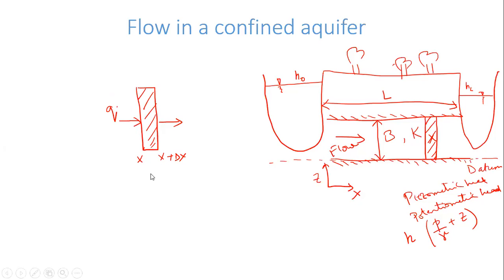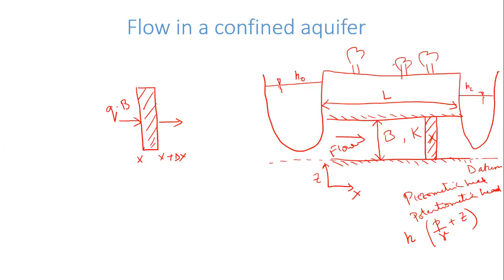It will be perpendicular to the screen, so we imagine a unit thickness in that direction. And what is the other dimension? B, the thickness of the aquifer. So Q times B is the flow entering this infinitesimal volume at cross section X.